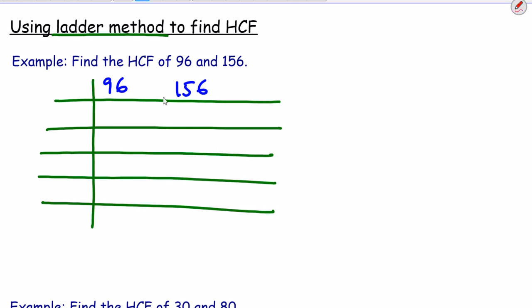Now, think of a prime number that is a factor of 96 and 156. Of course, 96 and 156 are multiples of 2.